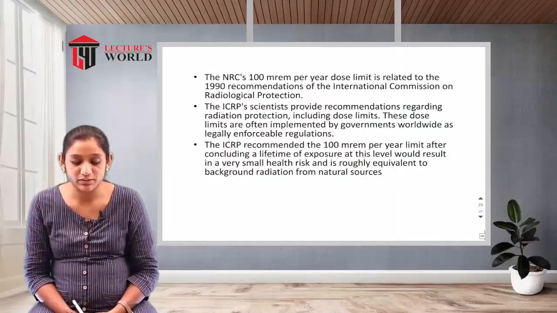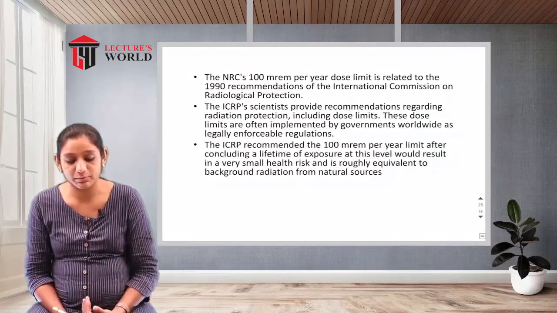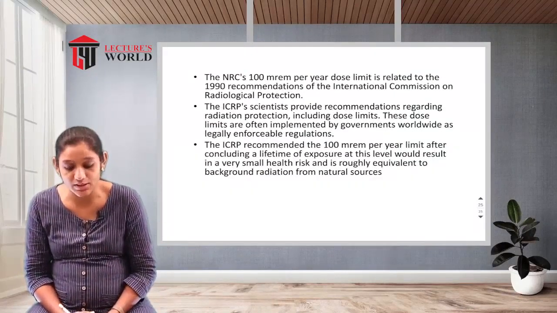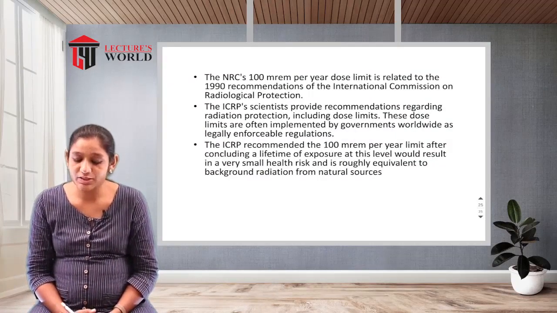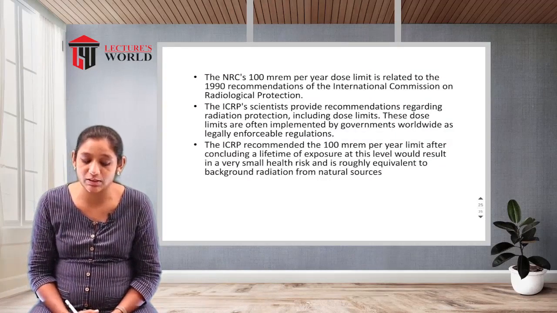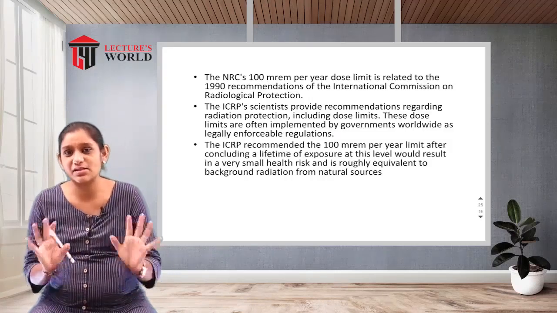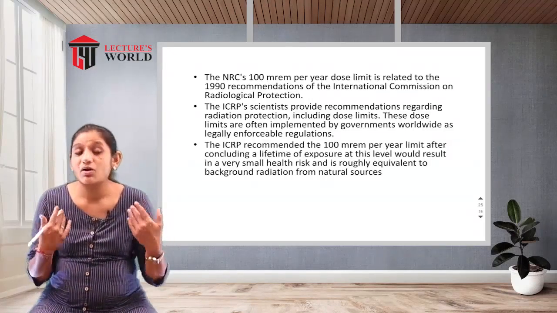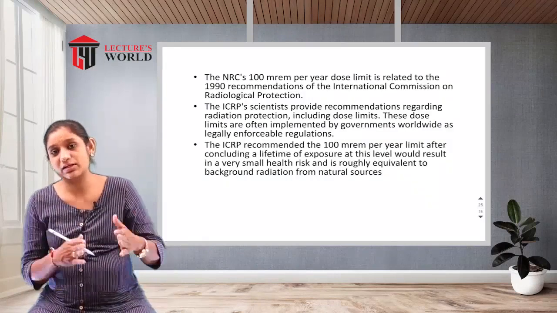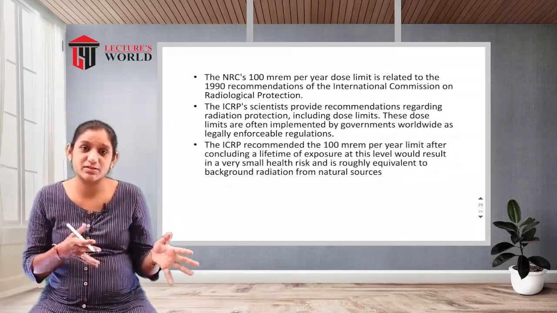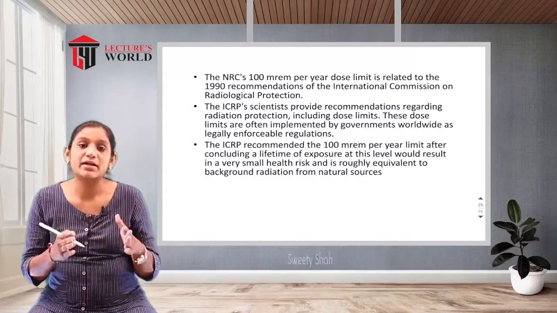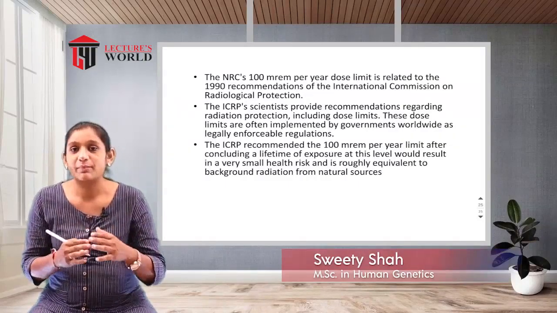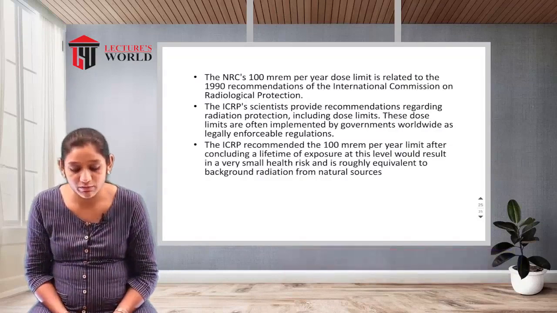The NRC's 100 mrem per year dose limit is related to the 1990 recommendations of the International Commission on Radiological Protection, which sets safety backgrounds and limits on how radioactivity factors are applied.